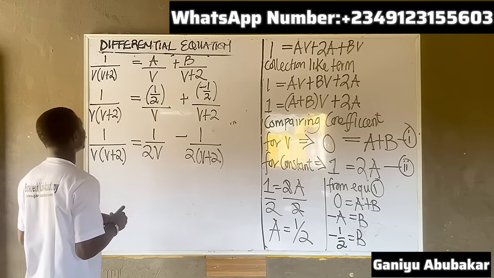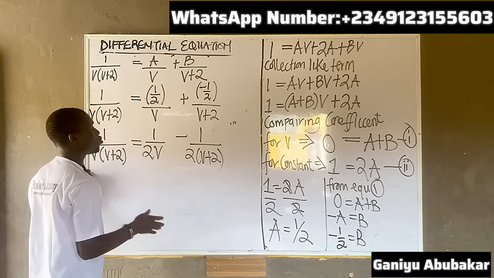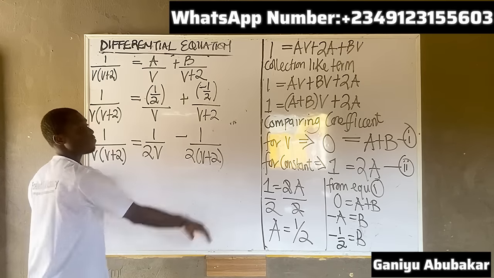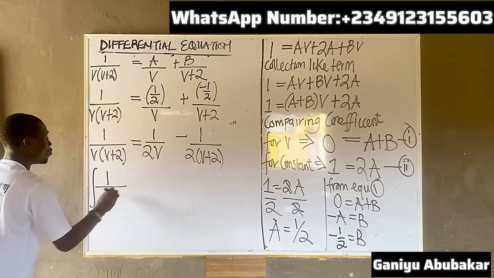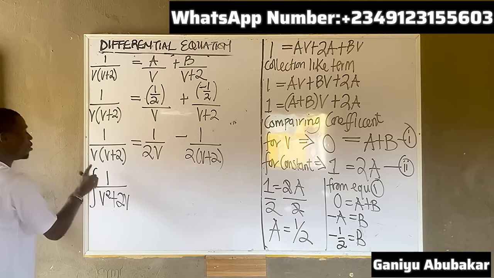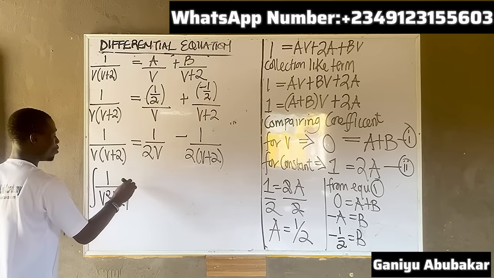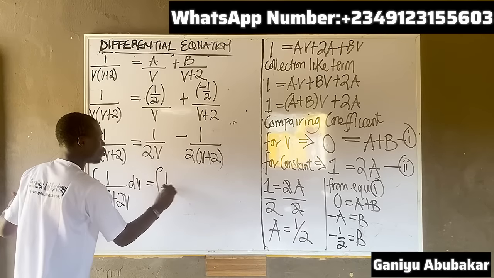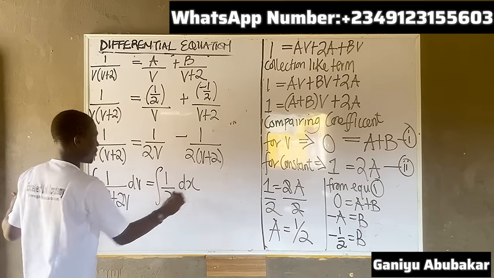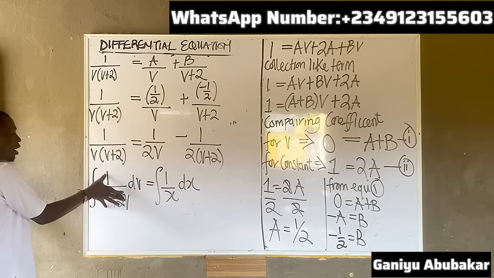This single fraction is now broken down into several other fractions. So what I was having before was the integral of 1 over v squared plus 2v, v times v squared plus v times 2v, right? With the v equals the integral of 1 over x dx. When I work on this fraction, it can be expressed as this.